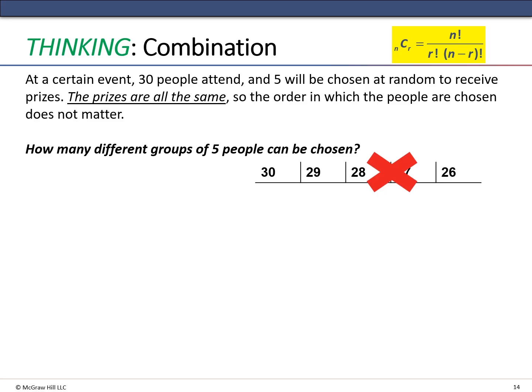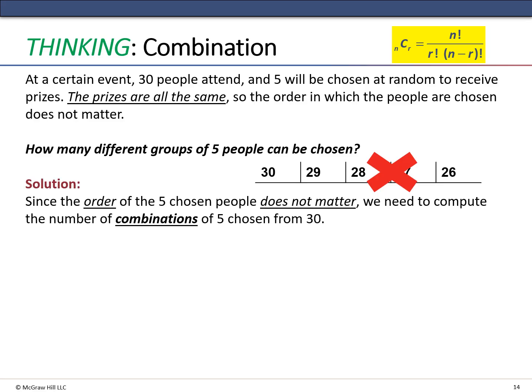So this process of using the hangman only works for permutations, and generally not for combinations. Since the order of 5 chosen people does not matter, we need to compute the number of combinations of 5 chosen from 30. This is the notation for this, the combinations of 30 things taken 5 at a time. So we're looking for those groupings with no common groupings by order.